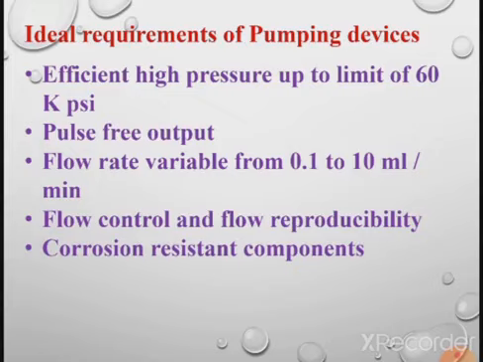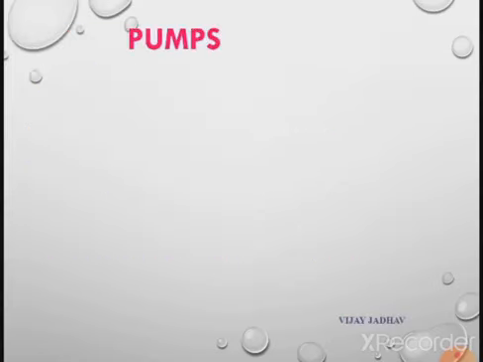Then next, about the pumps. Now the pumps have different types. The first type of pump we want to learn about is the constant pressure pump, like gas displacement pumps and gas amplified pumps.